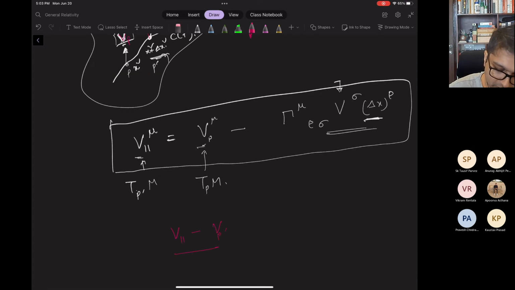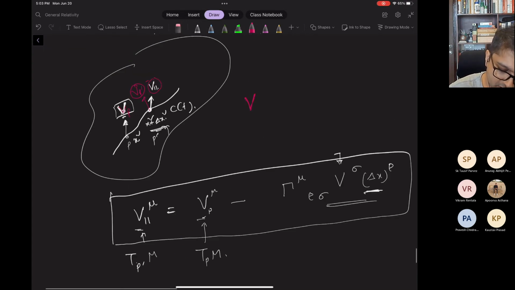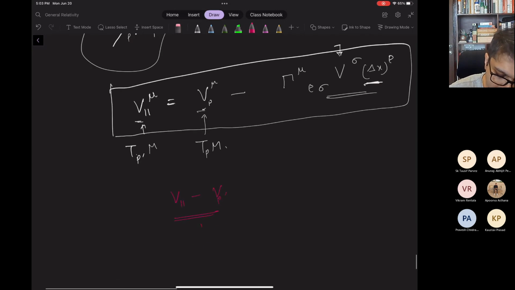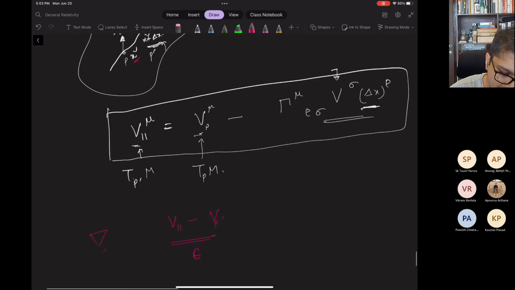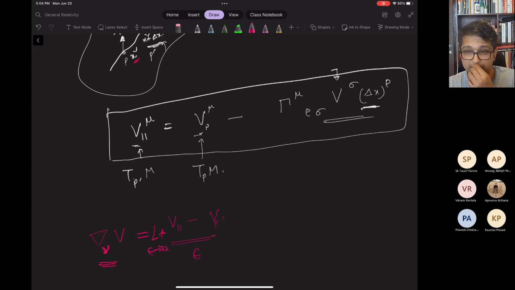Now these both belong to the same tangent vector space, which is at this point. I can take the difference between the two, divide by epsilon, and this defines for me the derivative along this direction delta X, along the direction, let's say, X nu. So this would be something like this, of V is equal to this, in the limit epsilon tends to 0. So this defines for me a notion of an affine connection.